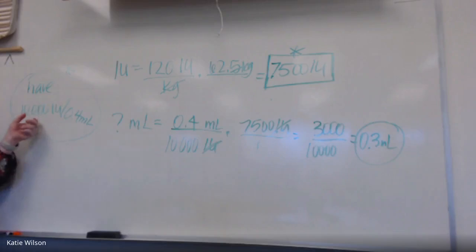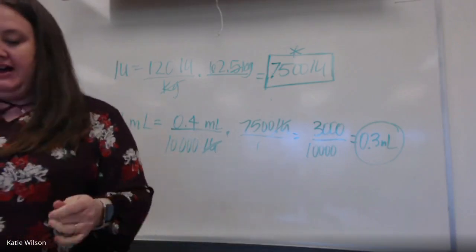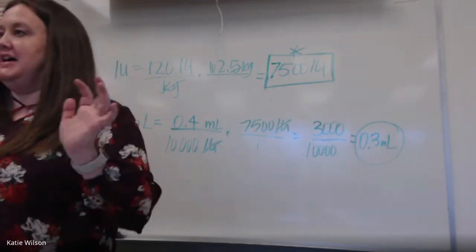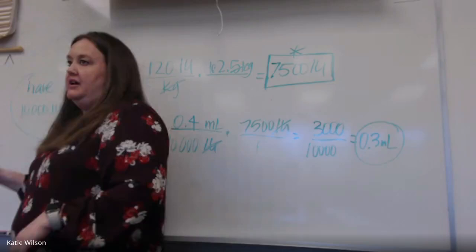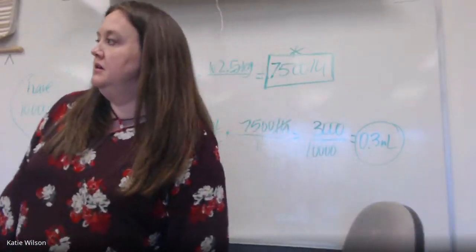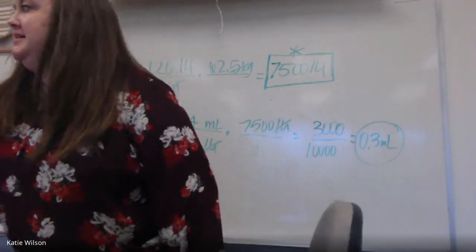It came out to be the same, but you won't know that unless you calculate it. So say you went to the medicine drawer and that 7,500 per 0.3 mL syringe was out, the pharmacy was out of them. Then you could actually use that other syringe as long as you knew how much to give. It's a pre-filled syringe, so you would just waste it down to that 0.3.